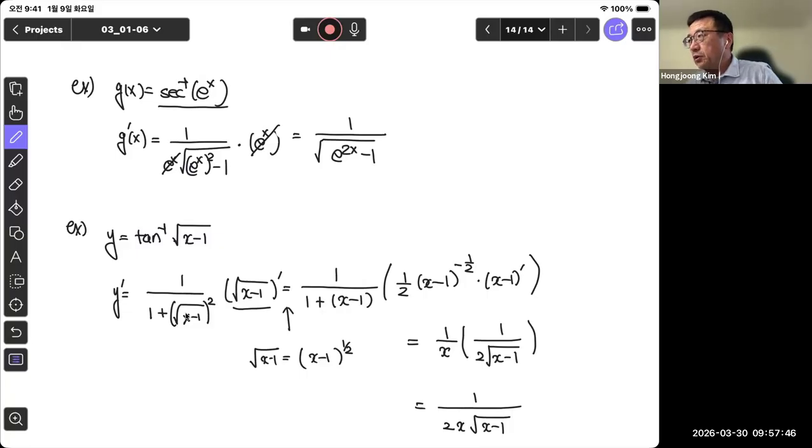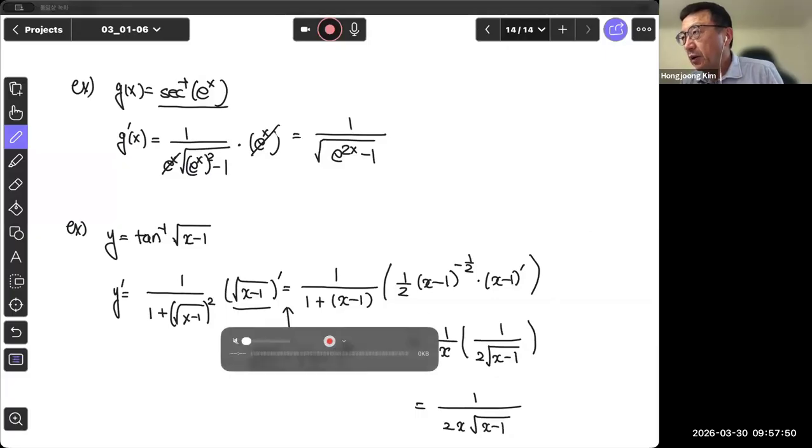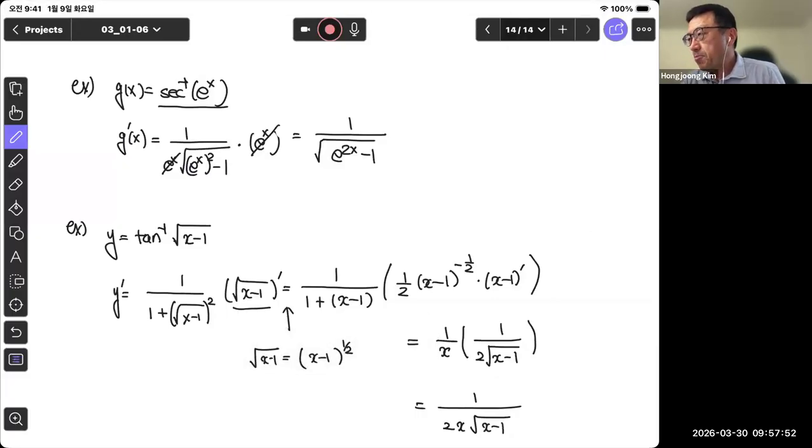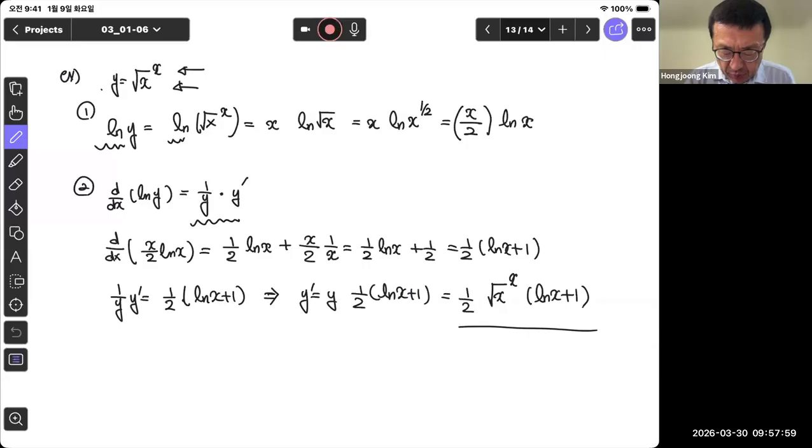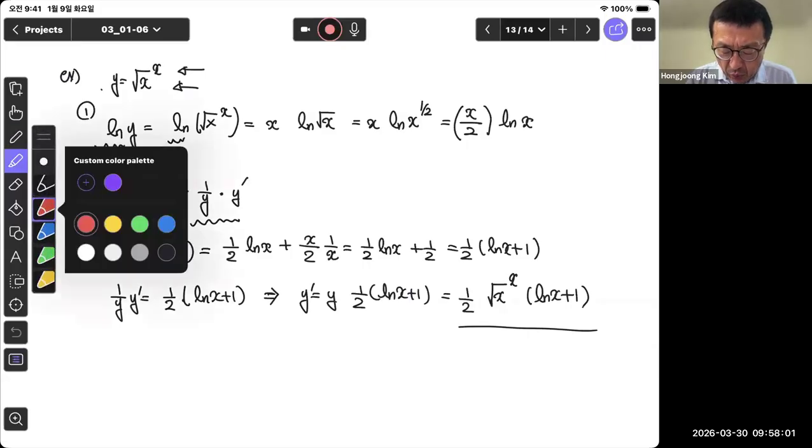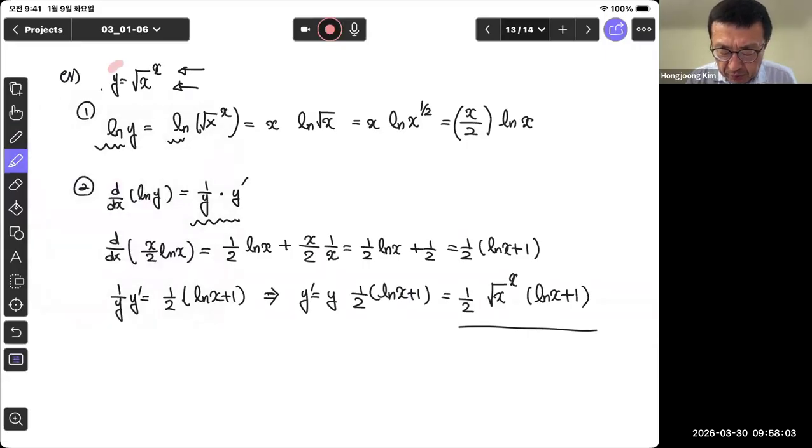So we considered many examples in the sections, okay? And as I said, please be careful with such functions.